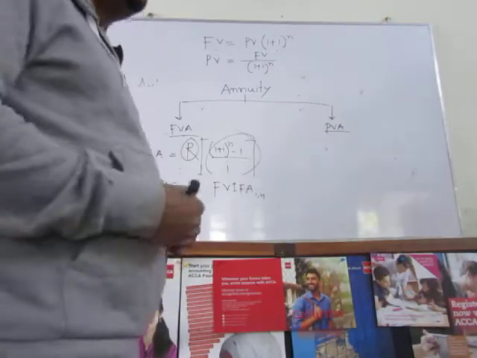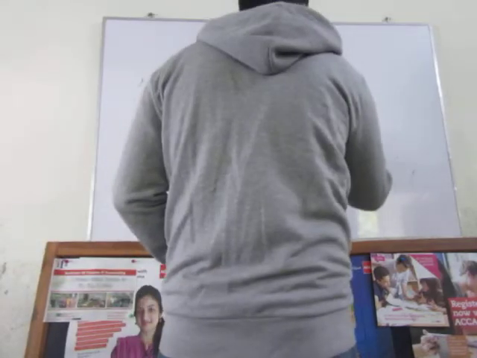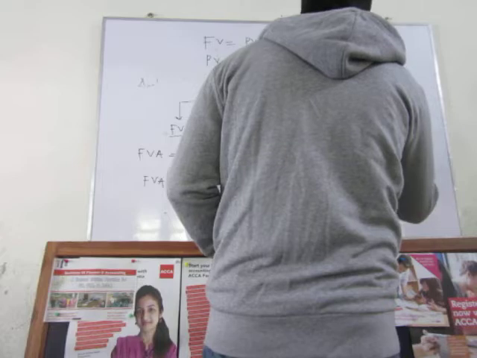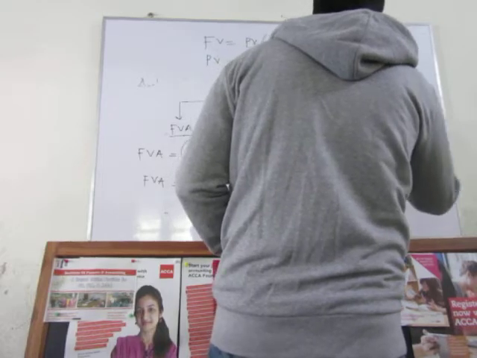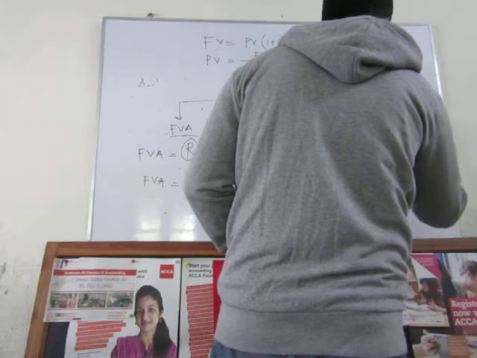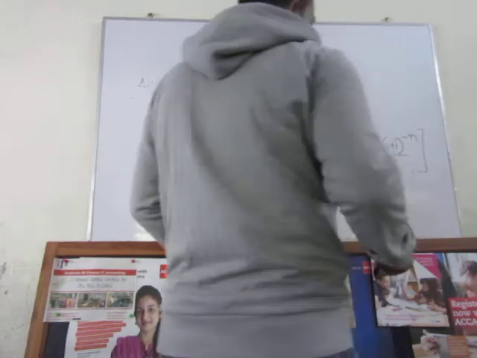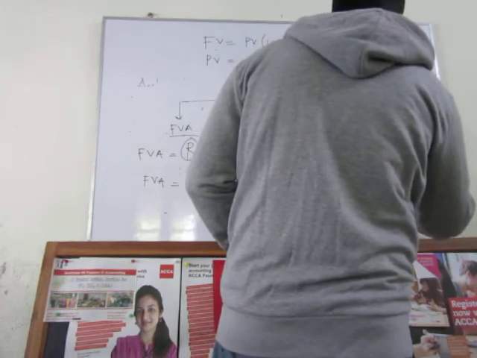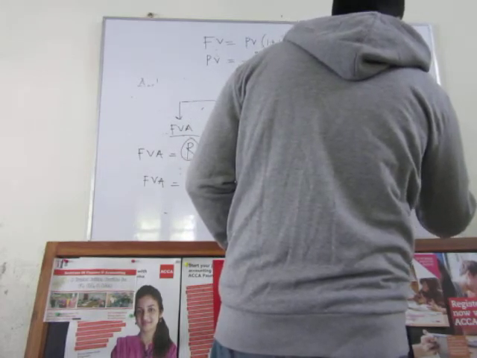So we can use the formula: present value annuity equals R times (1 minus (1 + i) to the power minus n) divided by i. On the other hand, you can use the standard table, present value interest factor annuity.